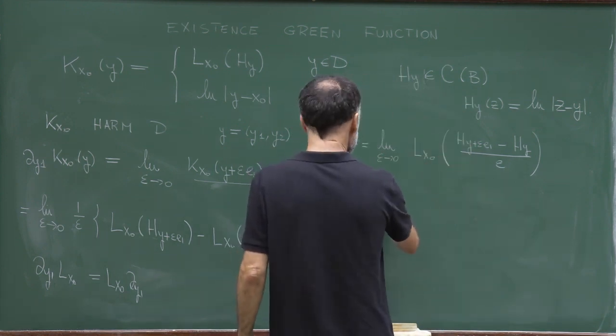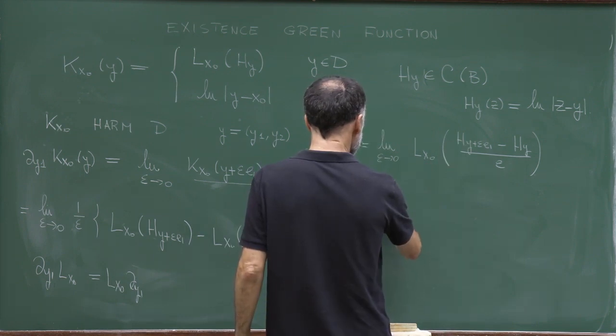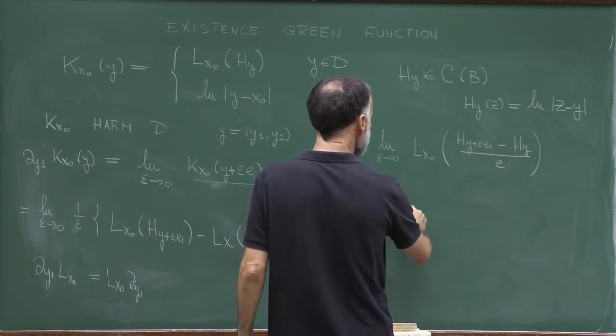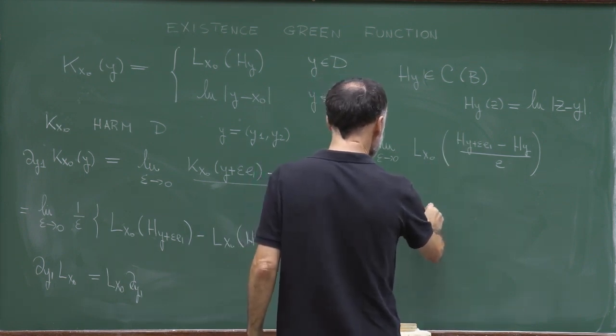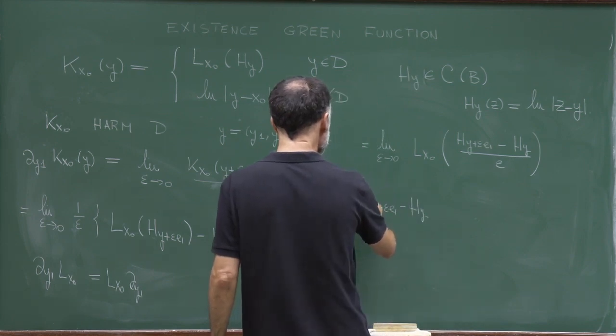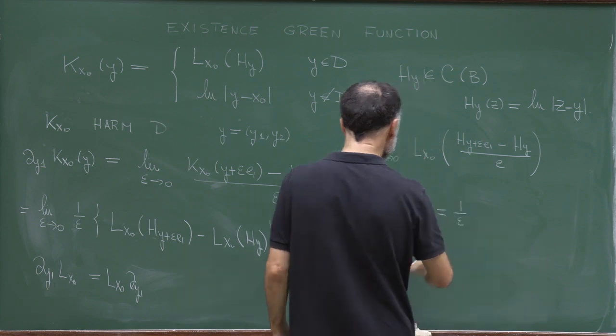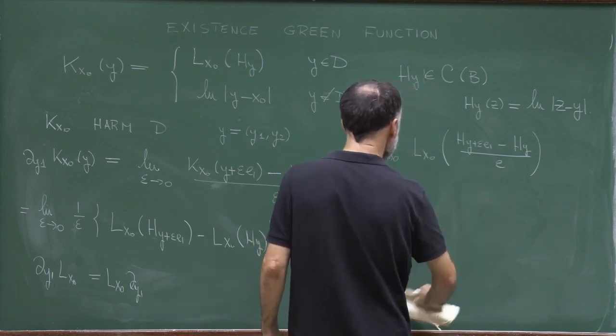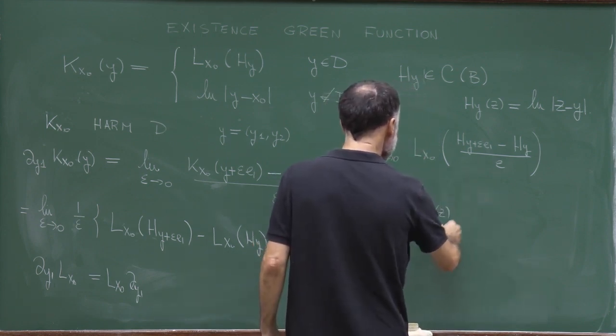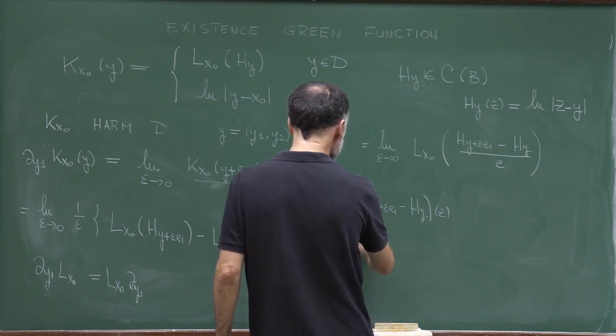So let's do that, and that will be very simple because we have an explicit formula for the function hy. So (h(y plus epsilon e1) minus h(y)) divided by epsilon is equal to 1 over epsilon times... Let's compute that at a point z, where z belongs to the boundary.